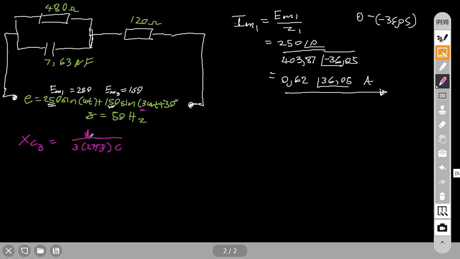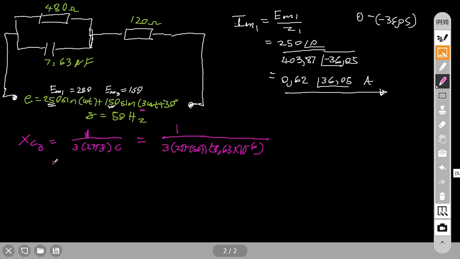There's a shortcut you could have used, but I'll just show you all the methods. So this is 1 over 3 times 2 pi 50 times 7.63 times 10 to the power negative 6, which is your capacitor, right?